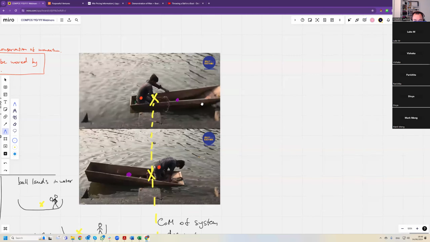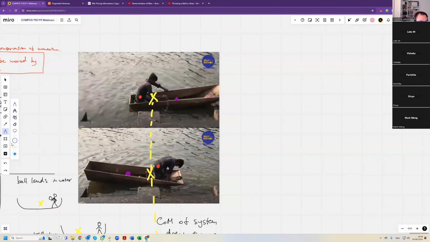Basically, in this diagram, for simplicity, let's say the man is 60 kilograms and the boat is, I don't know, 40 kilograms. So this is the boat. This is the center of the boat, and this is the center of the man. And this is the center of the boat plus man.